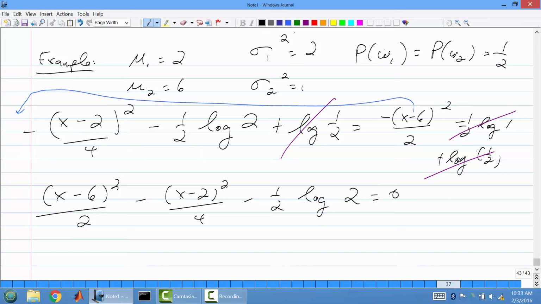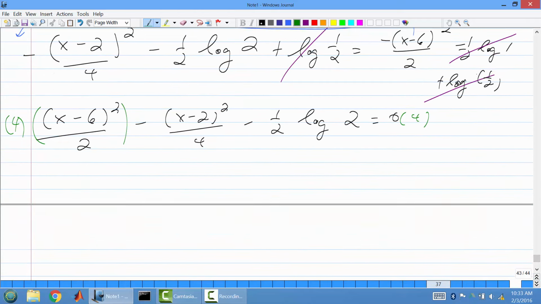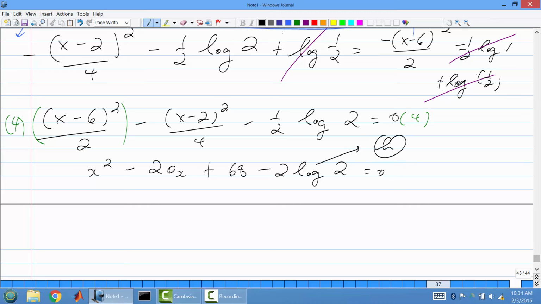I'm going to multiply each side by 4 to get rid of the fraction. I'll skip the math, but when you expand and work this out, you get x squared minus 20x plus 68 minus 2 log 2. Remember, log is the base e, so this is actually ln.